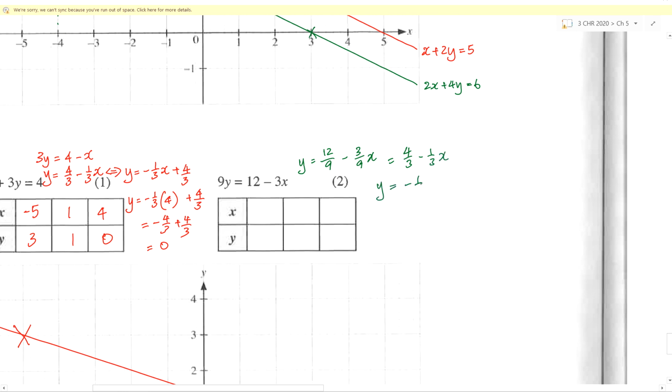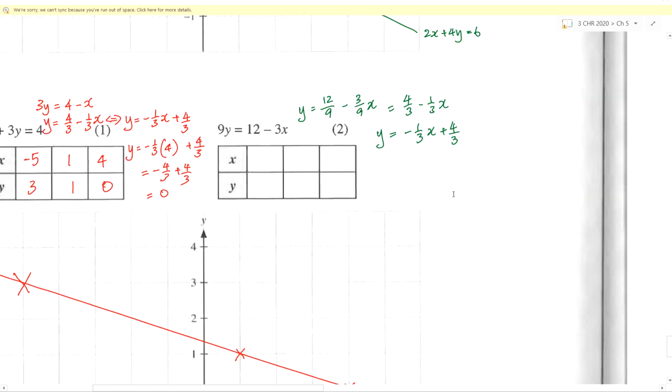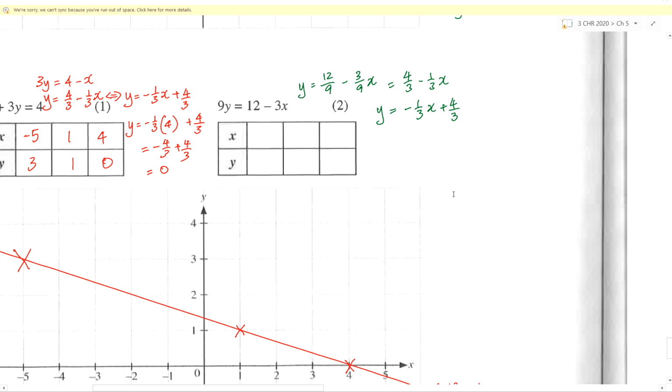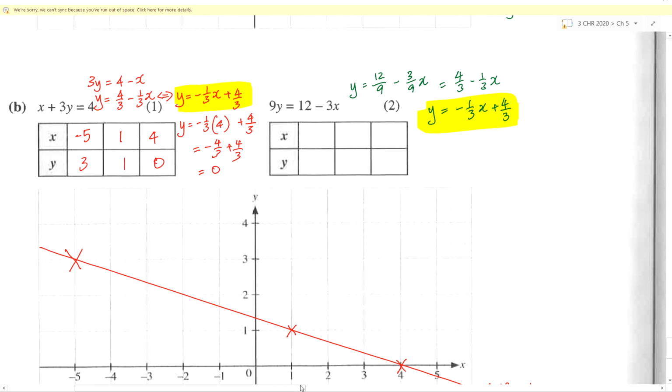Y equals to negative 1/3 x plus 4 over 3. Does this look familiar? They have the same equation. So if they have the same equation, what do you think will happen if I substitute in the same values of x, negative 5, 1 and 4? Do the same calculation. Of course we will get the same y values.